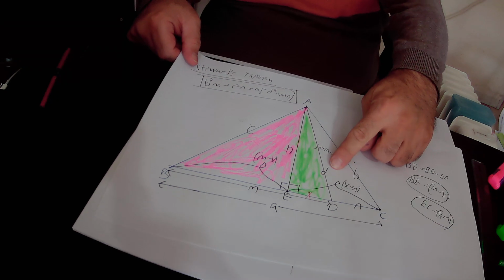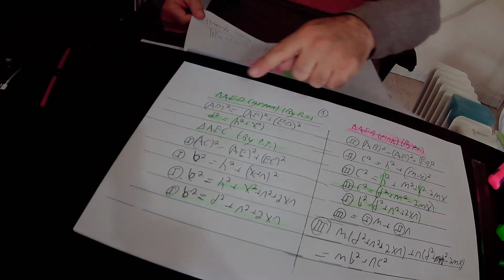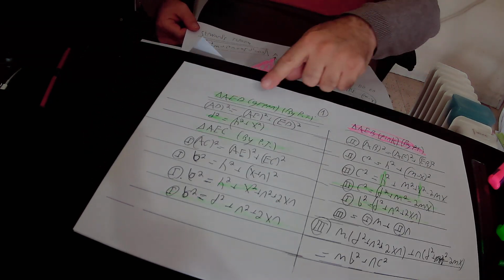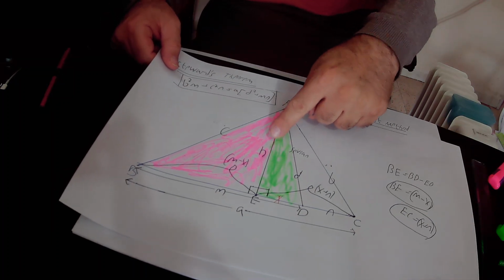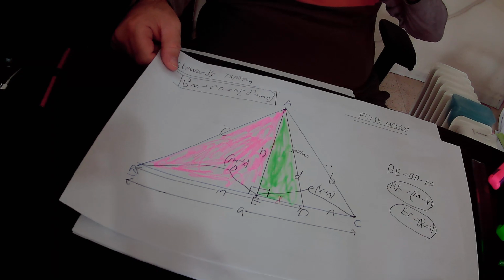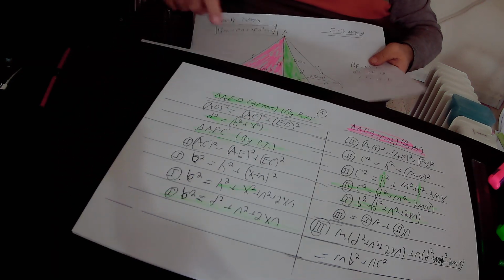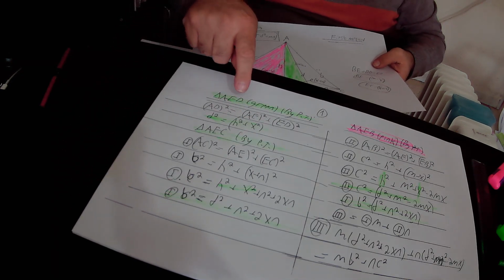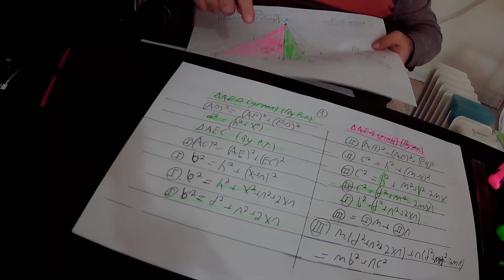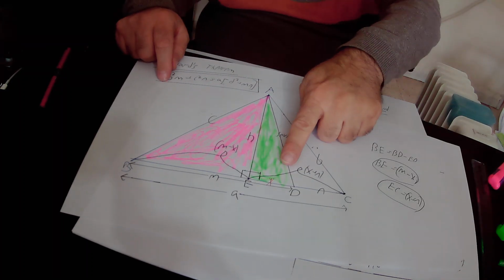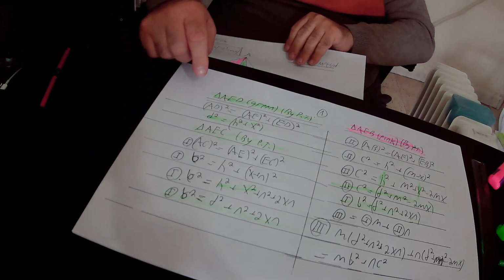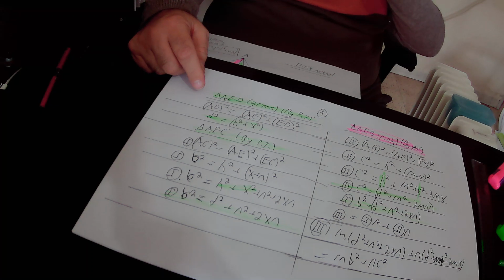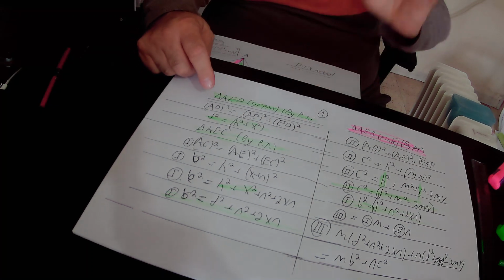AD equals d, therefore AD square is d square. AE equals h, therefore AE square is h square. ED equals x, therefore ED square equals x square. So in conclusion, in the right triangle AED, d square equals h square plus x square.